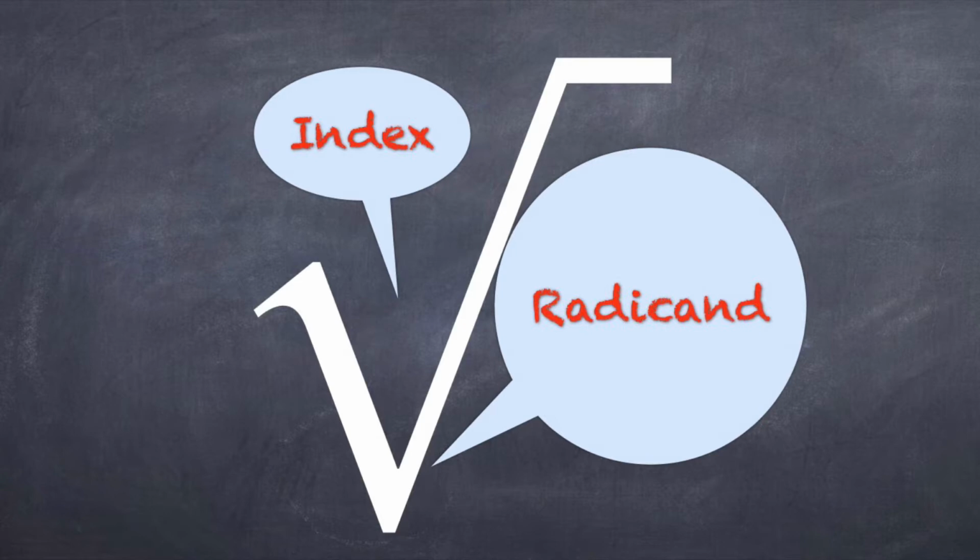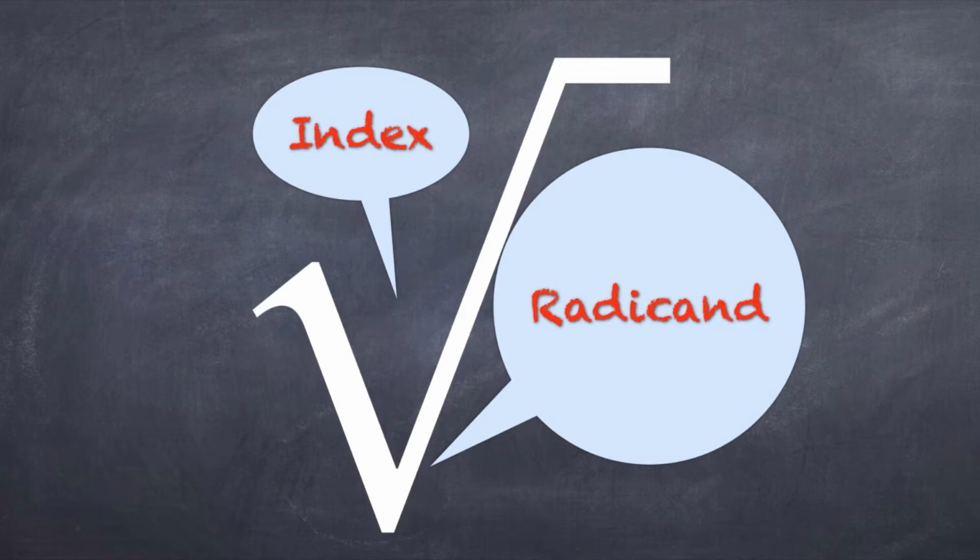The index is a number outside of the radical, and the radicand is an expression, positive, negative, integers, fractions, decimals, sometimes variables, multiple variables. Keep in mind that the index is always a natural number.